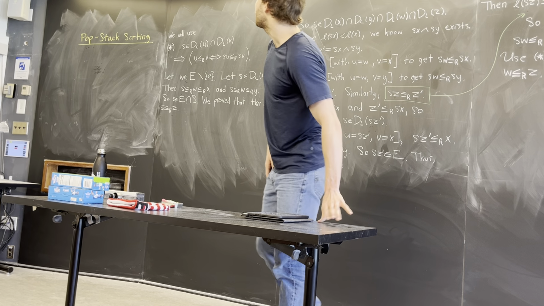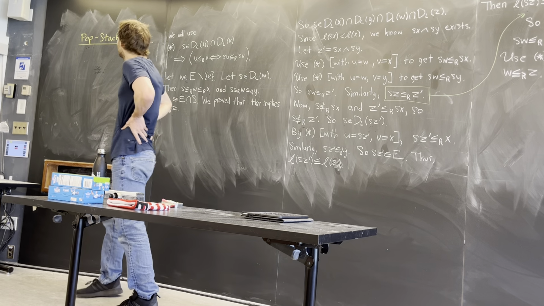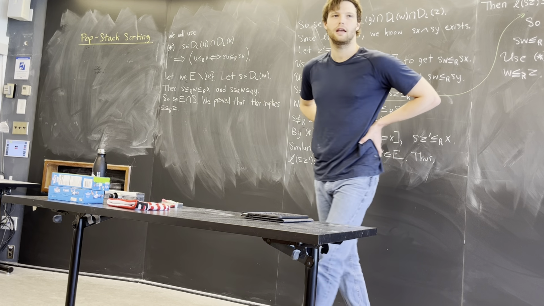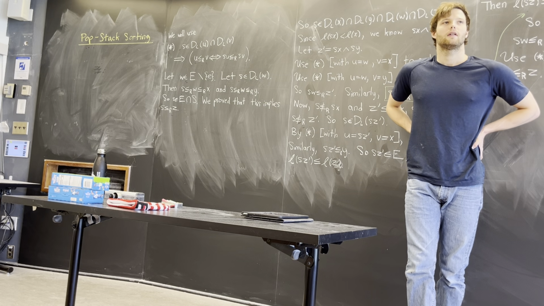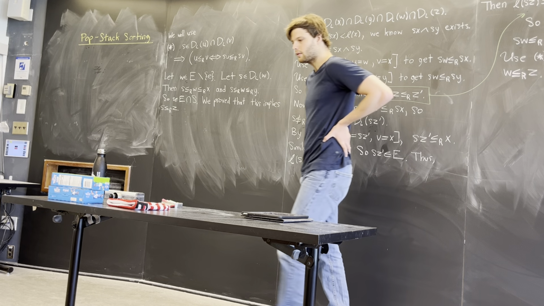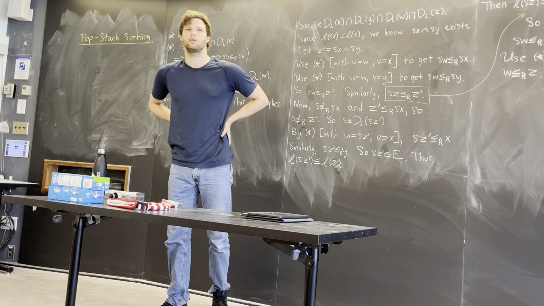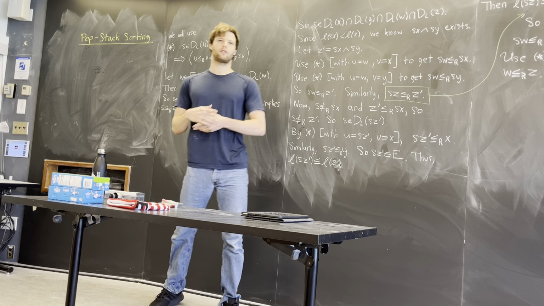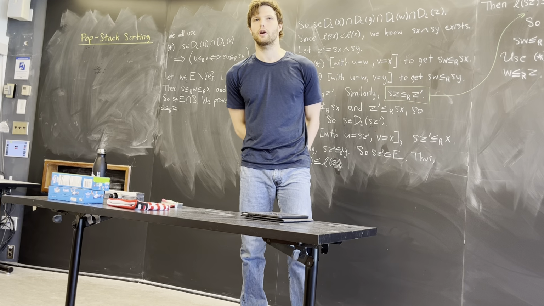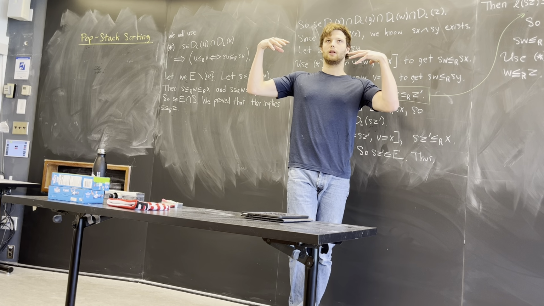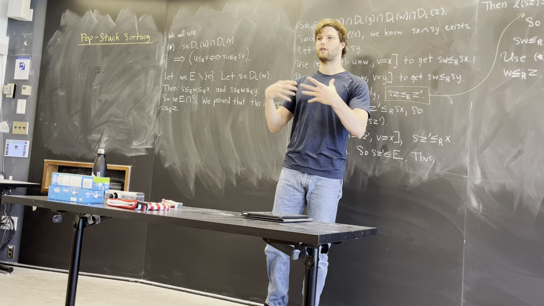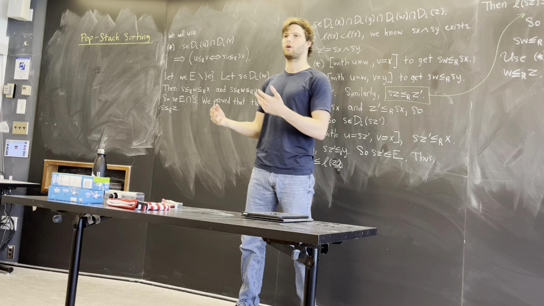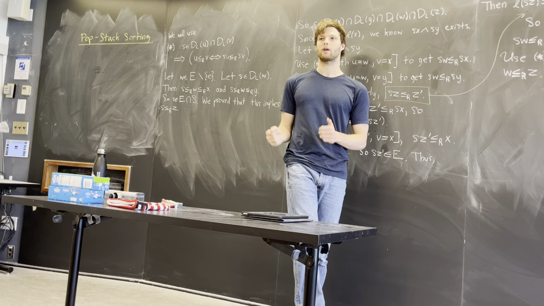Okay, so let me tell you about Pop stack sorting. Where do I start? So back in the 60s, there's this guy named Donald Knuth. He's still alive, but he decided to write this book called The Art of Computer Programming, in which he basically initiated the study of the analysis of algorithms and computer science from a mathematical point of view.